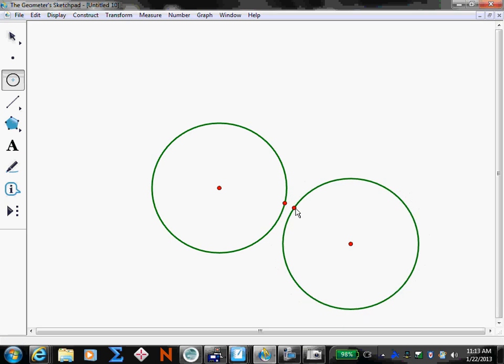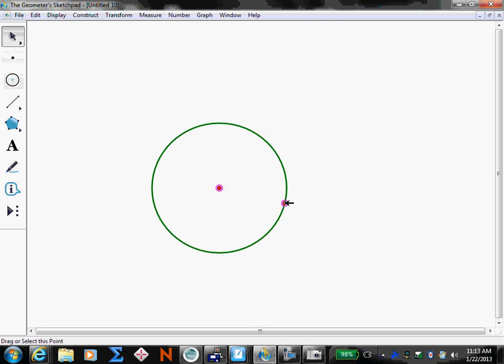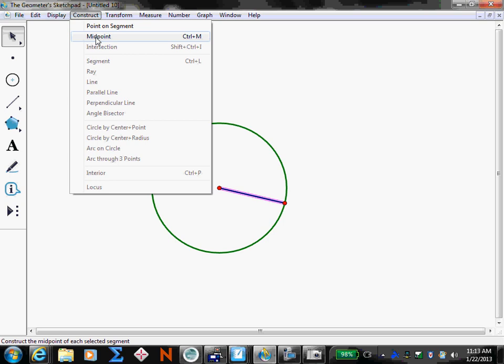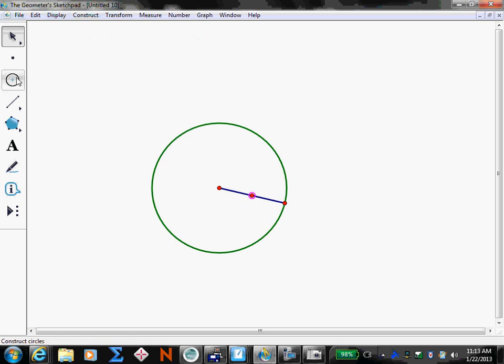We want to construct them so that they only touch at 1 point, on the inside and on the outside. So if I highlight these 2 points, and I construct a segment, then I am going to find the midpoint of that segment. Now I'm going to go back to my circle button and go here and hit that point. Those are internally tangent circles. Okay, internally tangent.